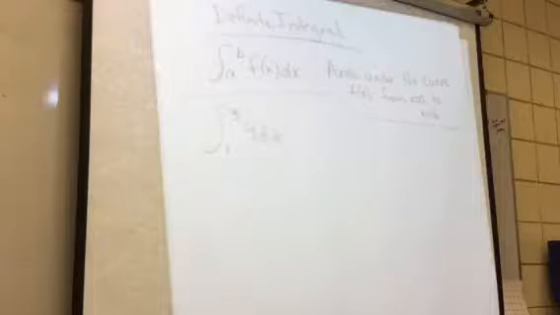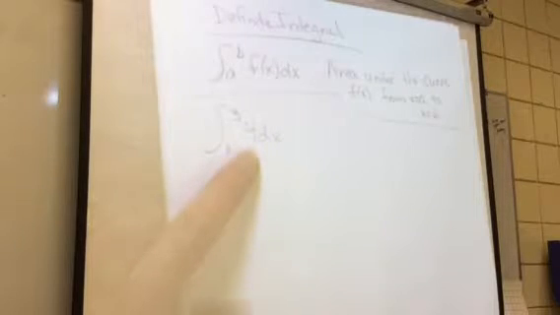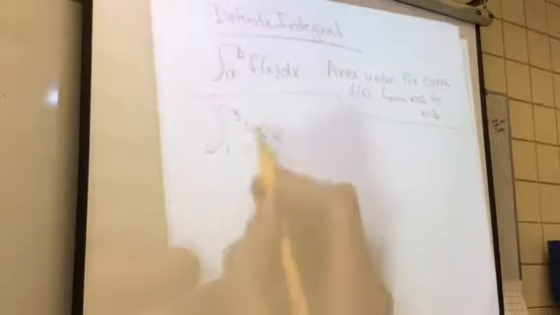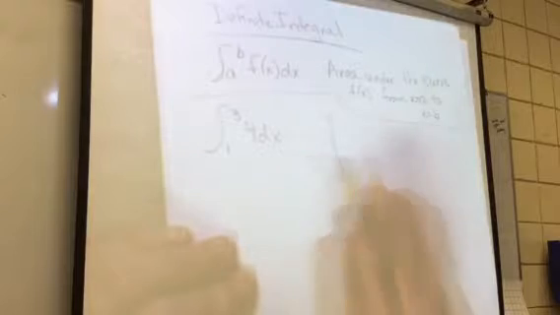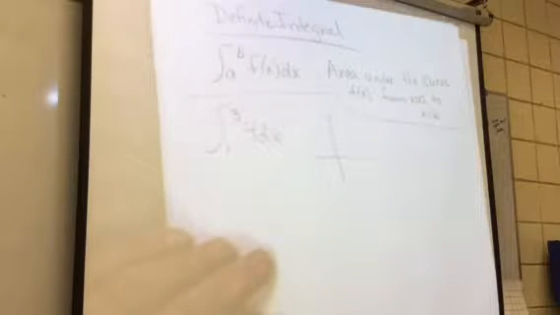Okay, so this is asking you to find the area under this curve from 1 to 3. What kind of shape is this function? What kind of line? Straight. All lines are straight. Except for the first one. So specifically, what kind of line is this?